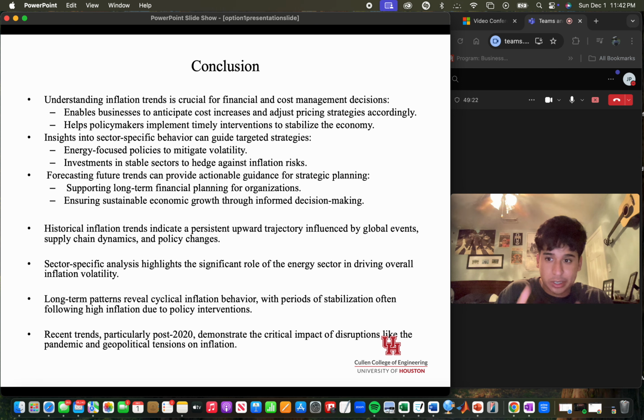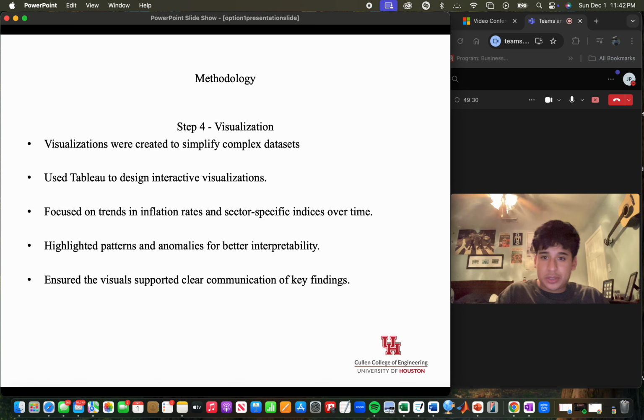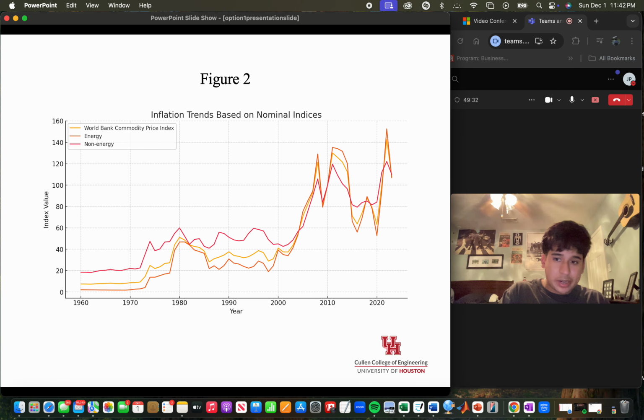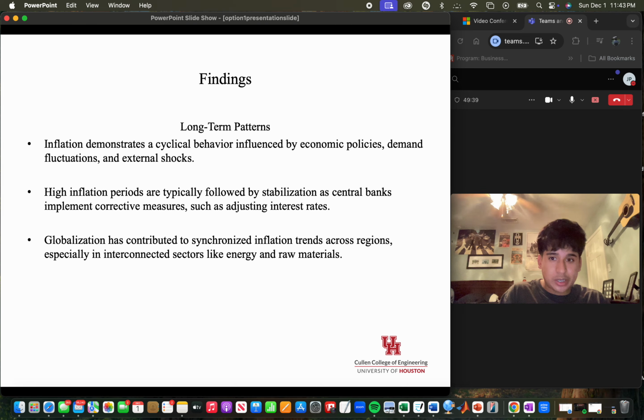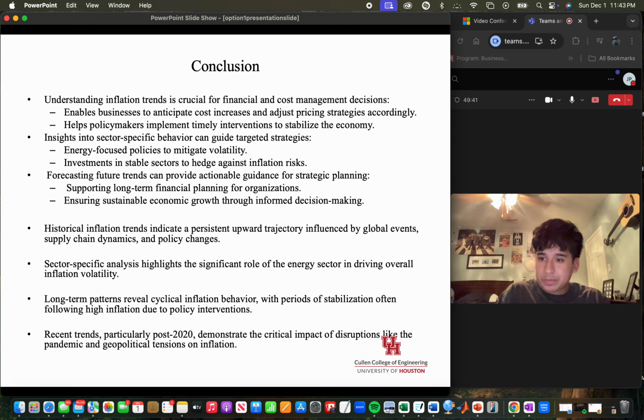That's what forecasting does. That's why it's so important. Governments use it, individuals use it, everybody uses this. You use data to project where it's going to be. It's not going to be 100% accurate, but it's going to be accurate for the most part.